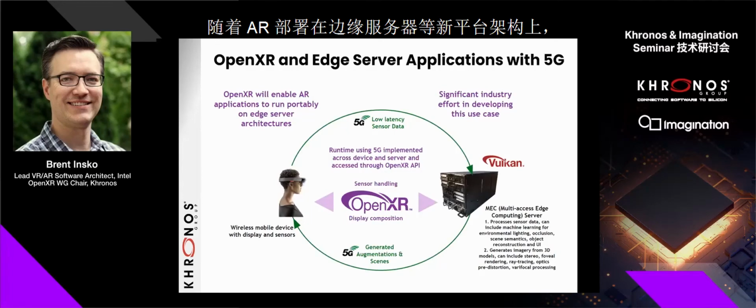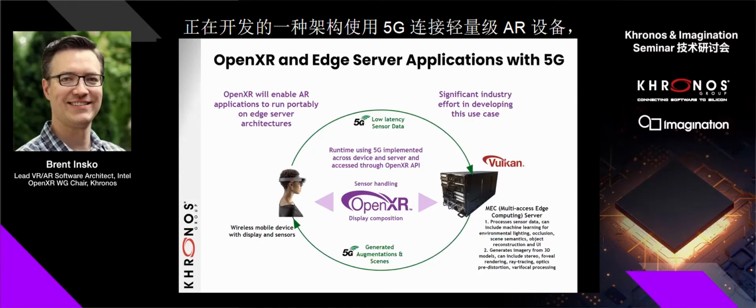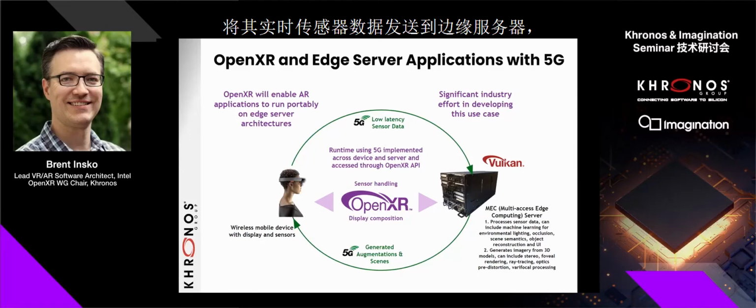OpenXR is also looking to the future of the location of computing and providing portability as AR is deployed on new platform architectures, such as edge servers. One architecture being developed uses 5G to connect a lightweight AR device to send its real-time sensor data to an edge server that's processing that sensor data and generating graphical augmentations, much more sophisticated than could be generated on a battery-powered device.